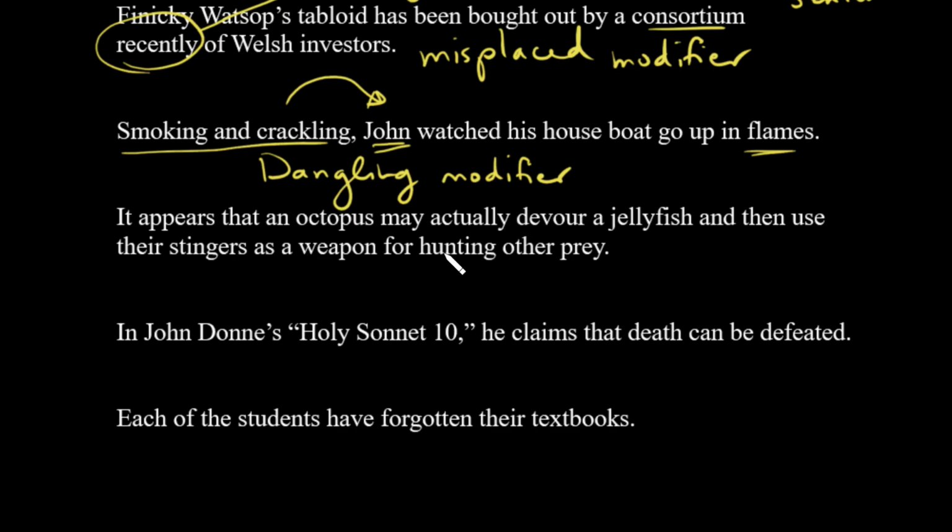Then we get to the next sentence here. It appears that an octopus may actually devour a jellyfish and then use their stingers as a weapon. And the word there is a pronoun, and it doesn't quite agree with what came before. So we have a jellyfish. You can see here that a jellyfish is a singular noun, and this is plural. So we call this a shift in perspective.